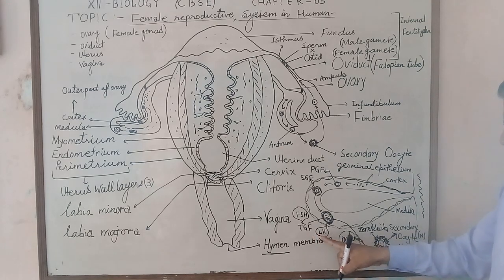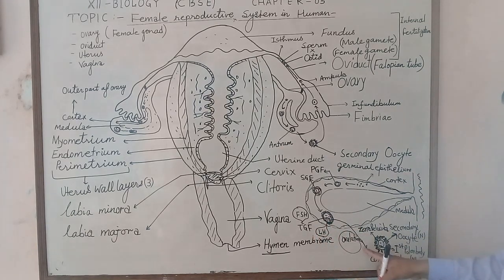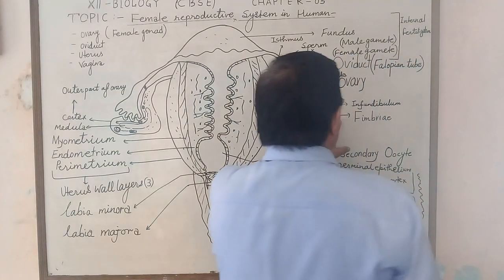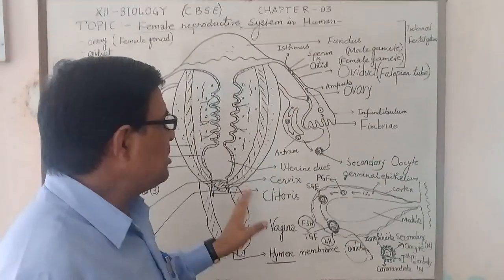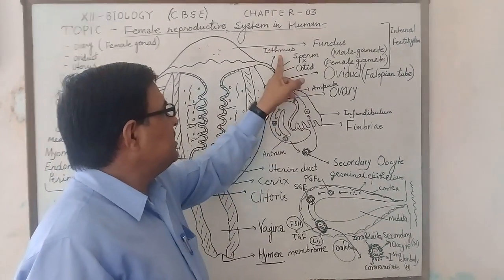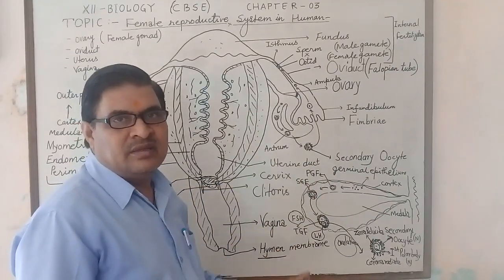Then the secondary oocyte, when released outside, this is called ovulation, and it is received by the fimbriae. Fertilization takes place in the oviduct when sperm reaches the oviduct at the isthmus-ampulla junction.